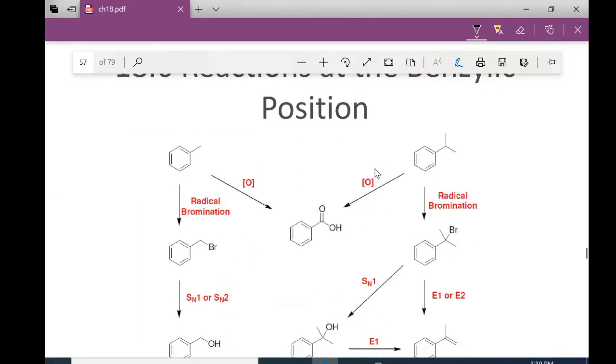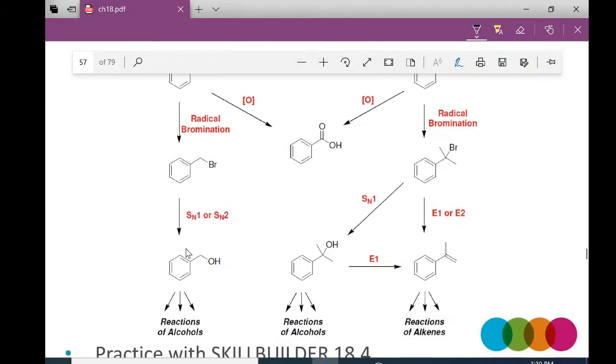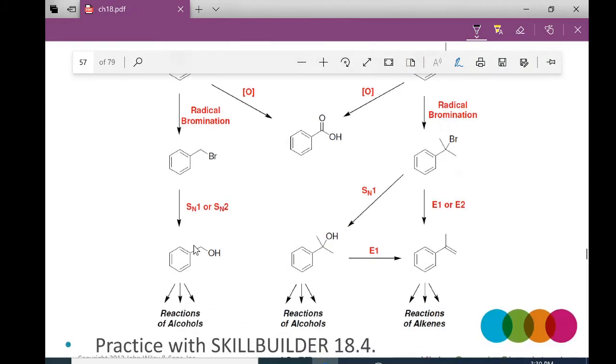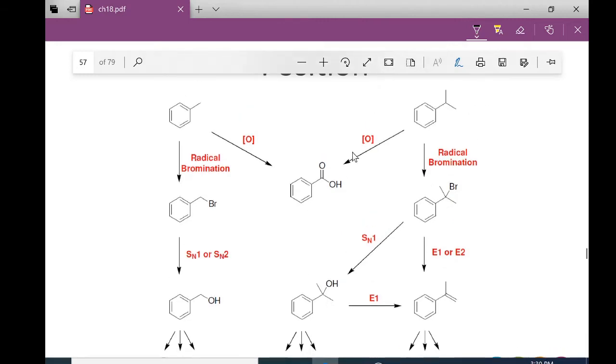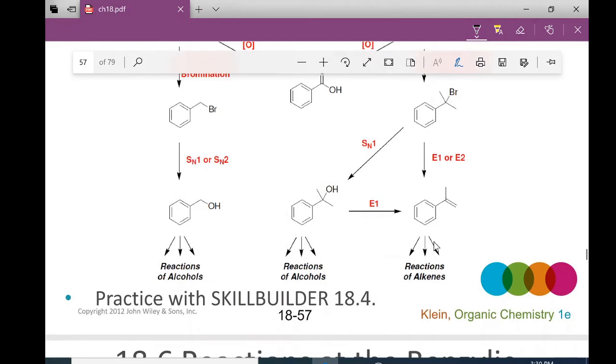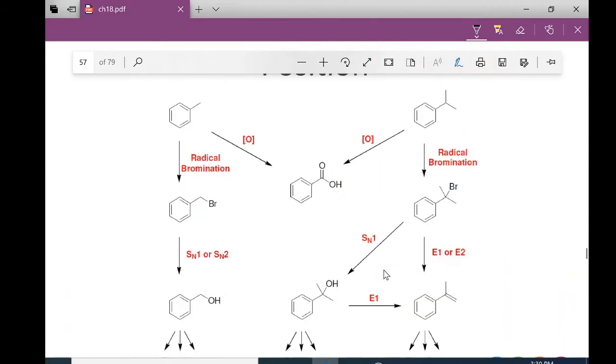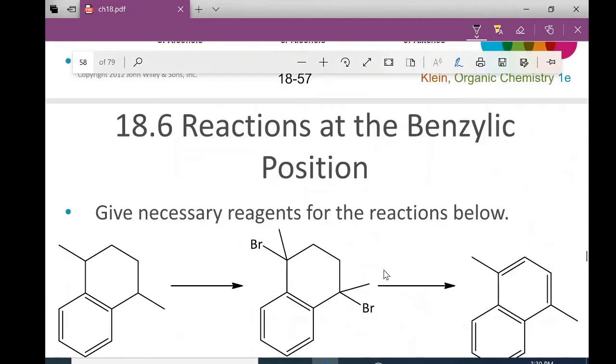Alright, so we can get all of these reactions. We can get radical bromination. We can go on to get an SN1 or SN2 reaction at that position. Oxidation, radical bromination, E1 or E2, SN1, different reactions that you've already seen before. All of these can happen readily at the benzylic position.